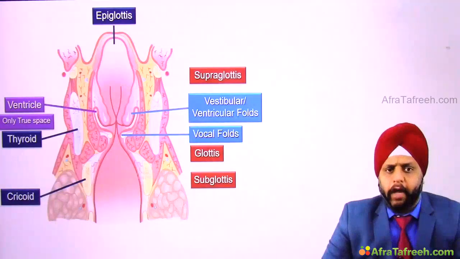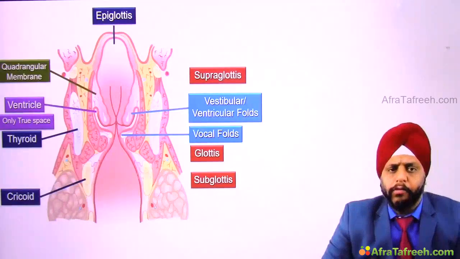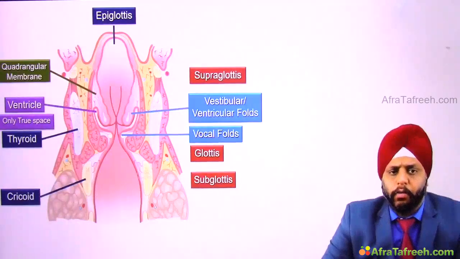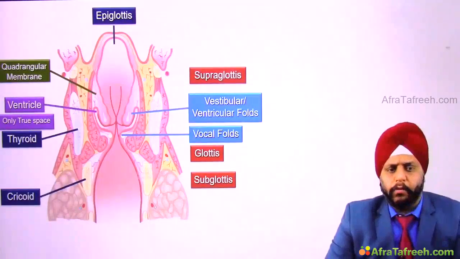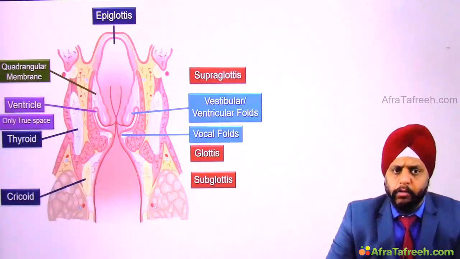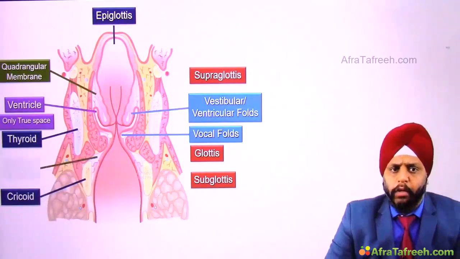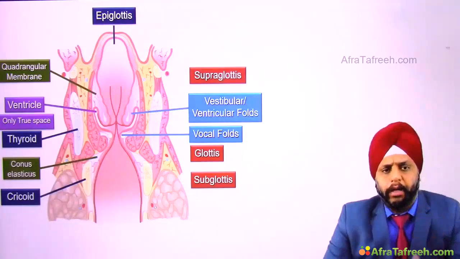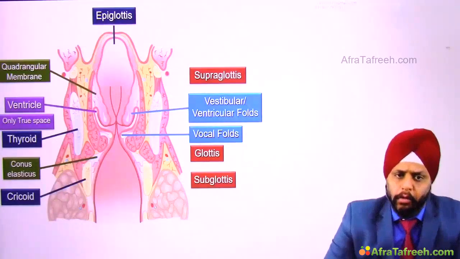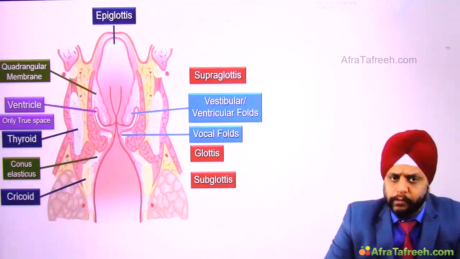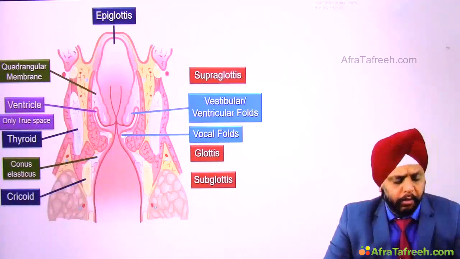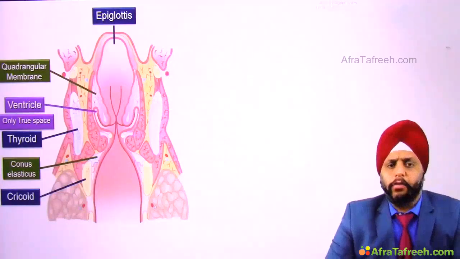Inside these vestibular folds, we have a membrane known as quadrangular membrane. We also saw a membrane covering the lower surface of the vocal folds, that is known as conus elasticus.